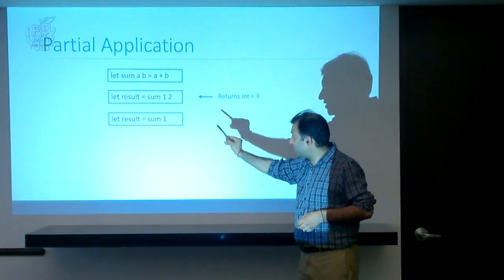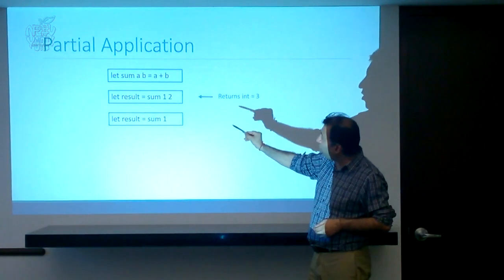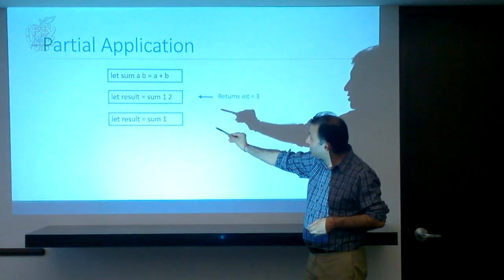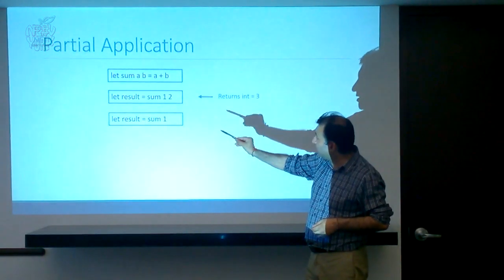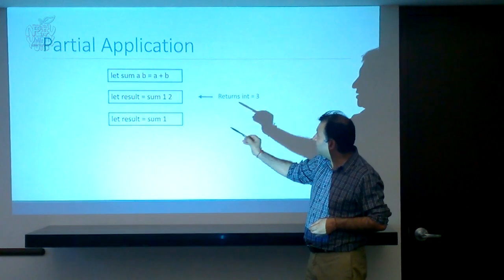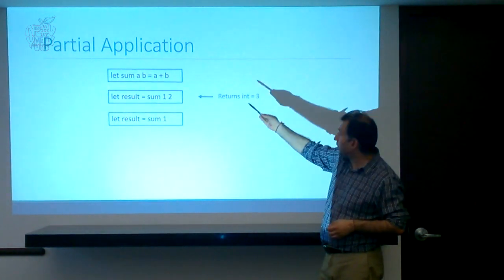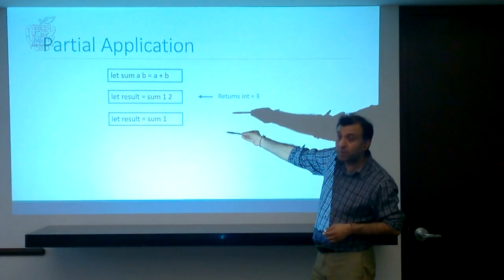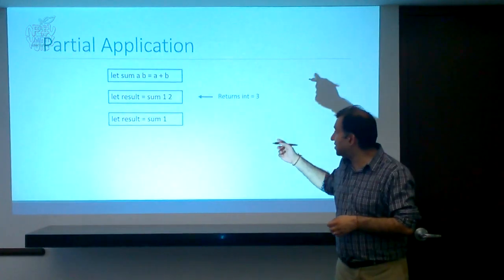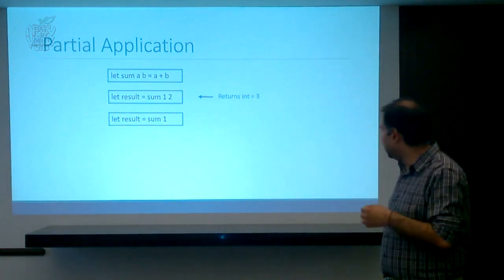The type of this function is int to int, because you've already supplied one variable. So you have created another function that basically takes a variable x and gives you x plus 1, because you've supplied the value of a to it. So this is called as a partial application.